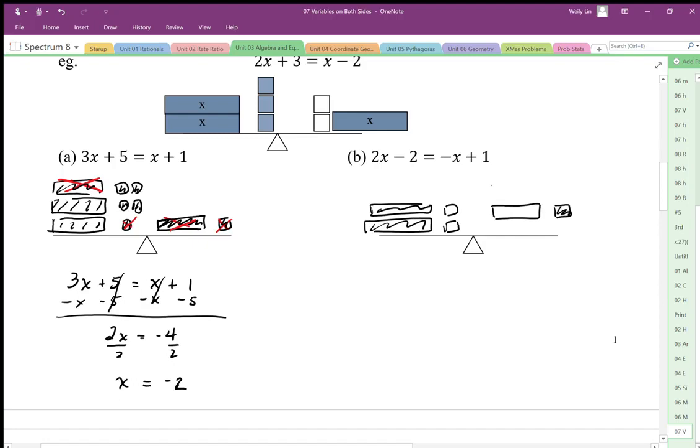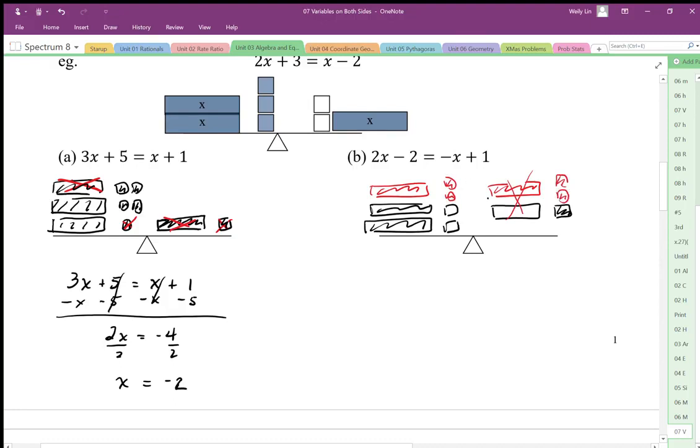So we can get rid of this negative with 1 positive. And if you remember how to use algebra tiles, you can make a 0 pair like this with a positive. That means you need to balance with a positive here. Okay, we can make that disappear.